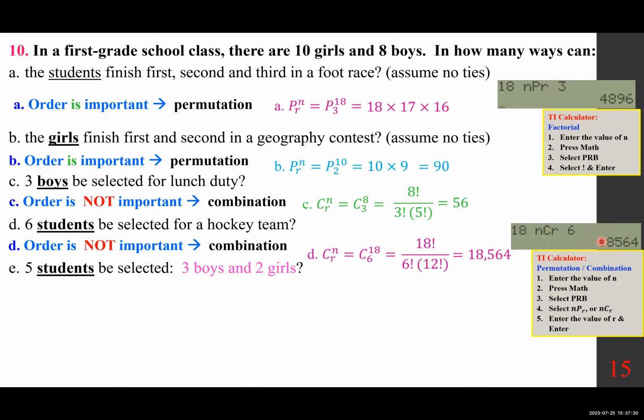5 students be selected. Specifically, 3 boys and 2 girls. So if you just stick with that, you want 3 boys out of how many? 8. Order is not important.